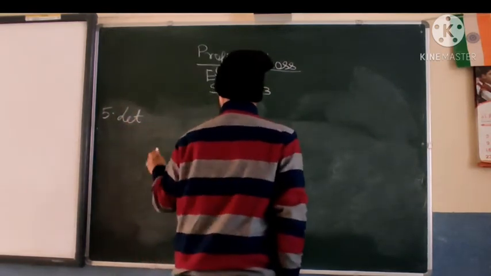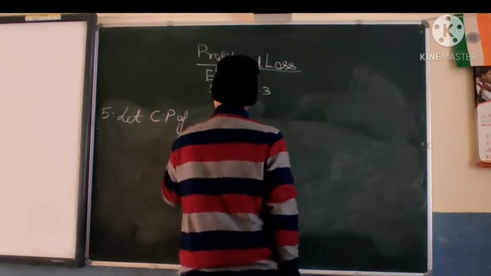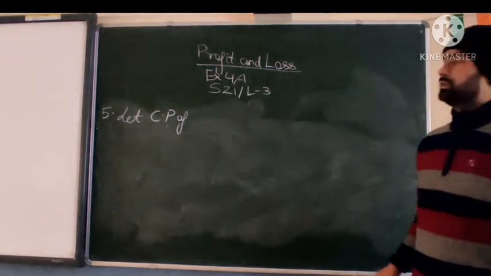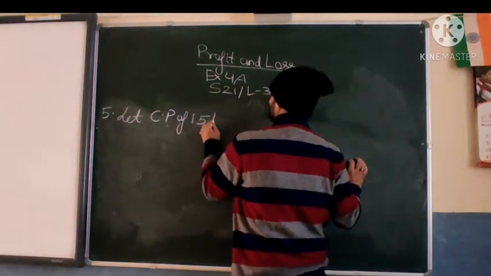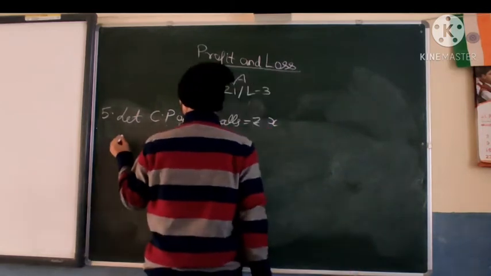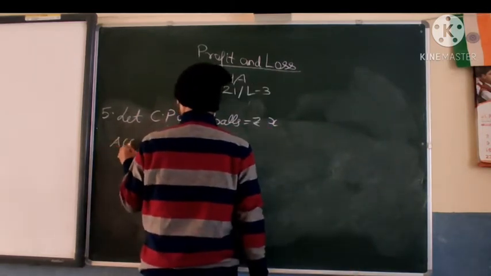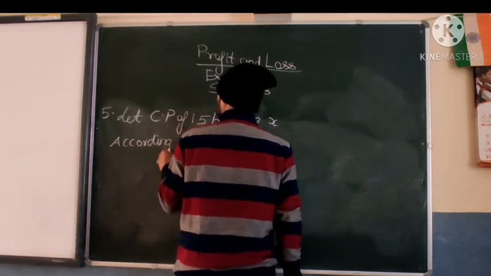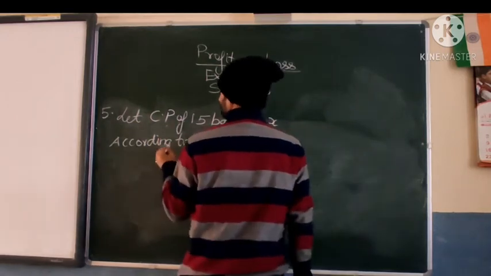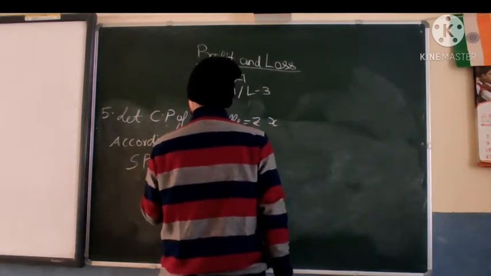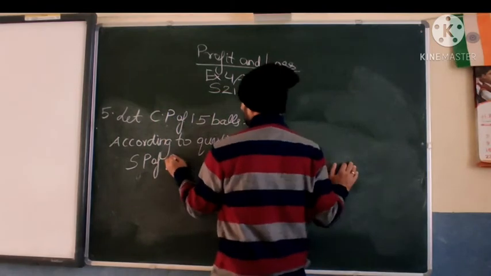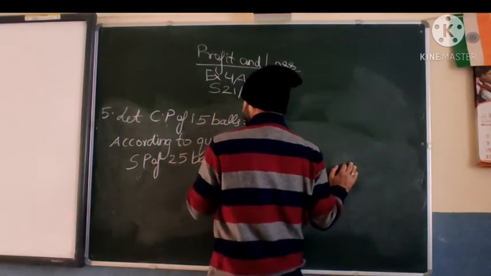Let the CP of 15 balls be x. According to the question, the SP of 25 balls is equal to this, so the SP of 25 balls is also x.